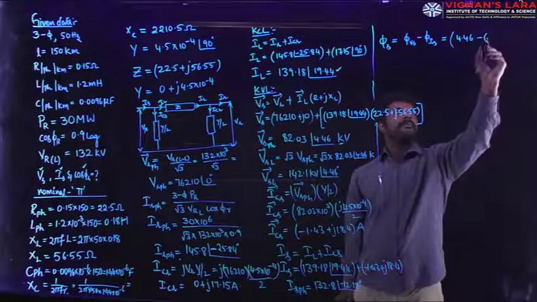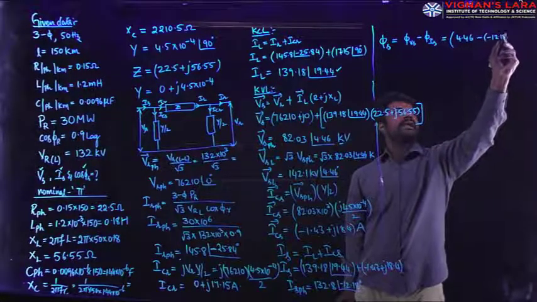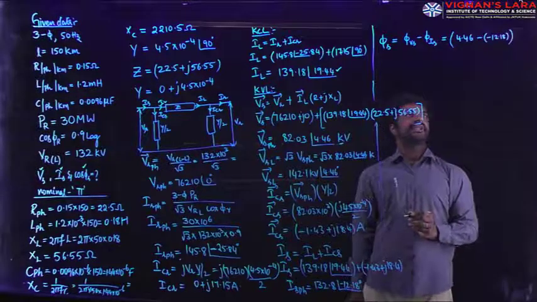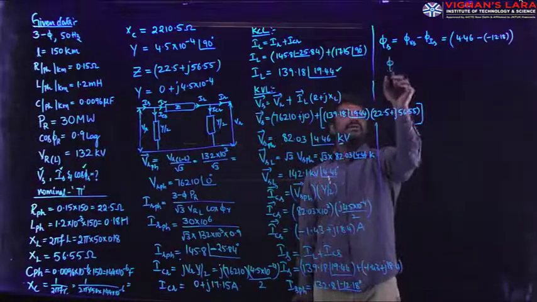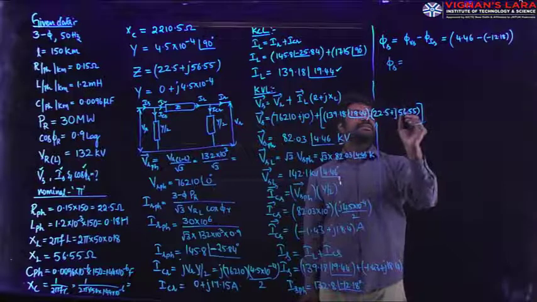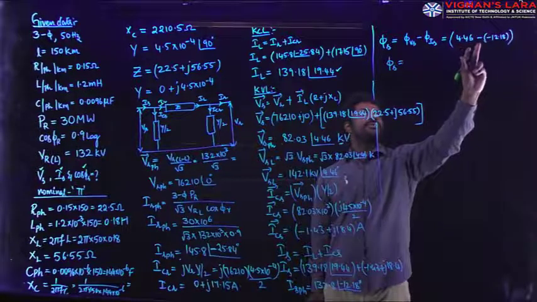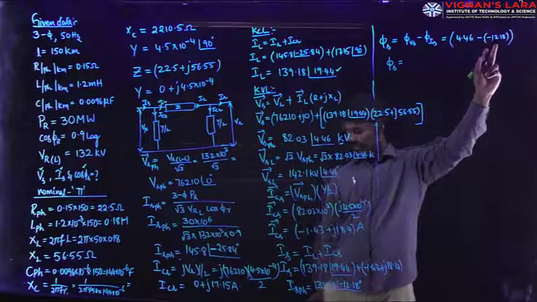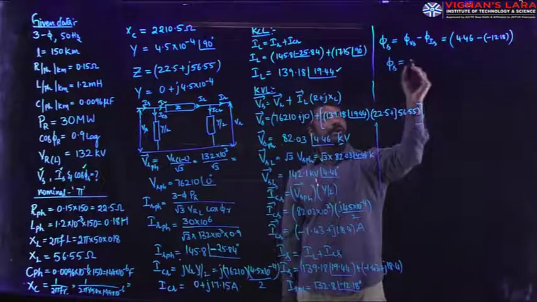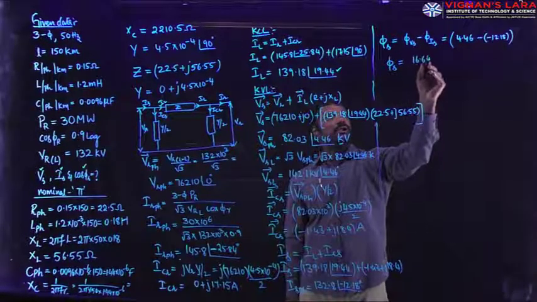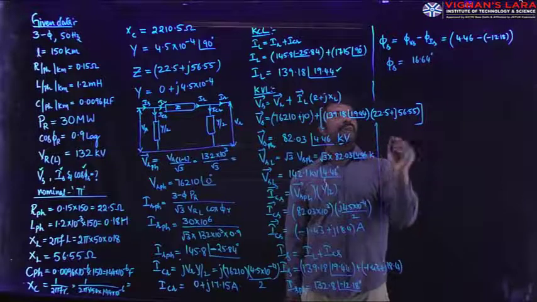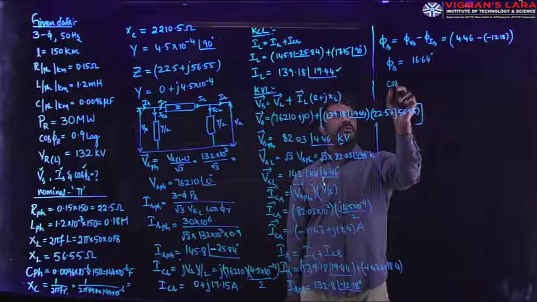So minus of minus is plus. Thereby phase angle on the sending end side phi s is equal to 4.46 plus 12.18. What we get is 16.64 degrees. Apply cos to this to get the power factor.